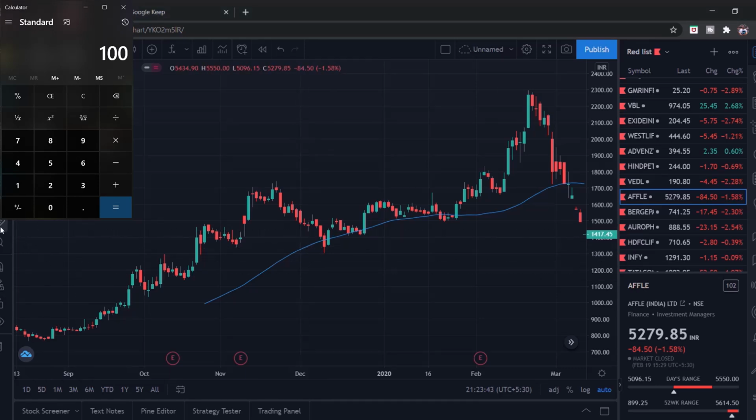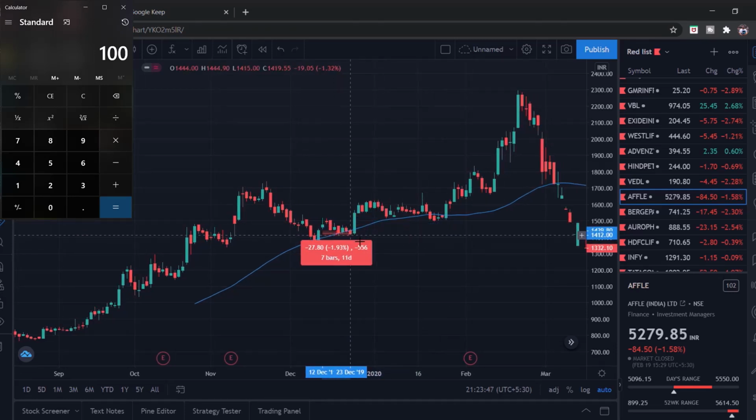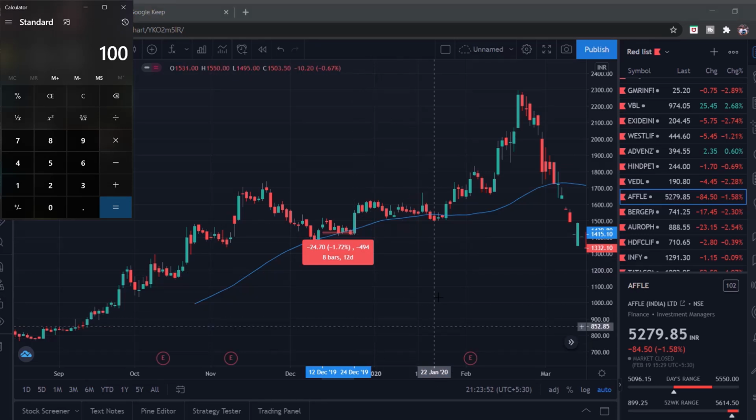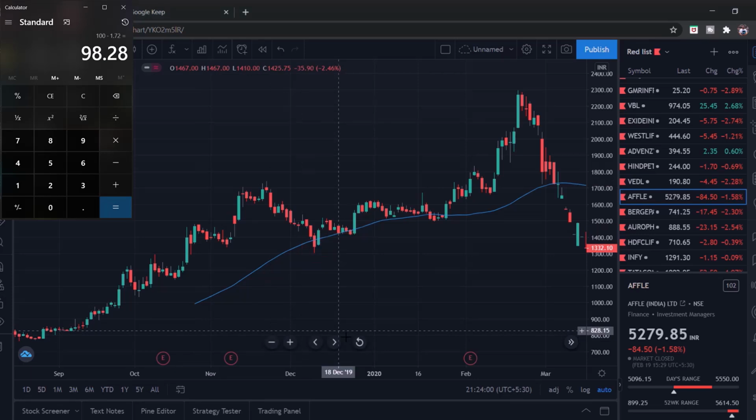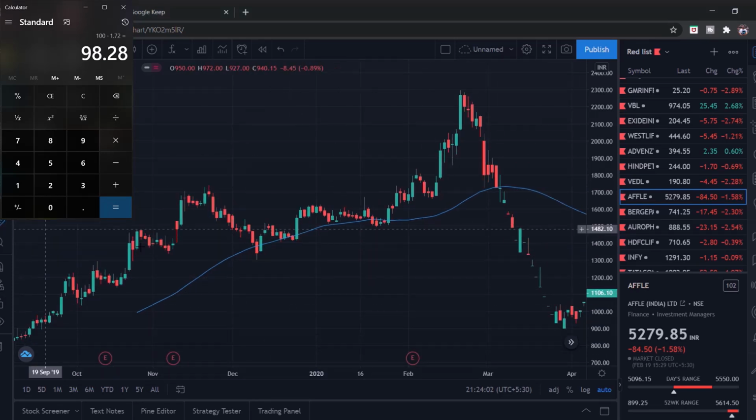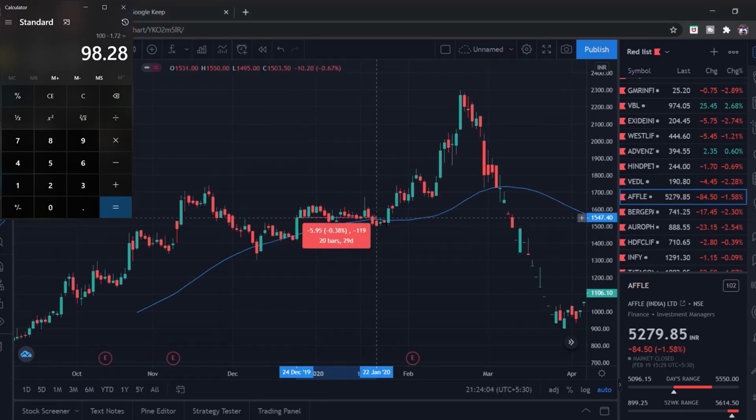So we will be entering over here when it crosses the line, and here it crosses below. We make a small loss of minus 1.72%. Okay, 1.72%, and here we are left with 98. So we again enter here and take another small loss of 2.68%.